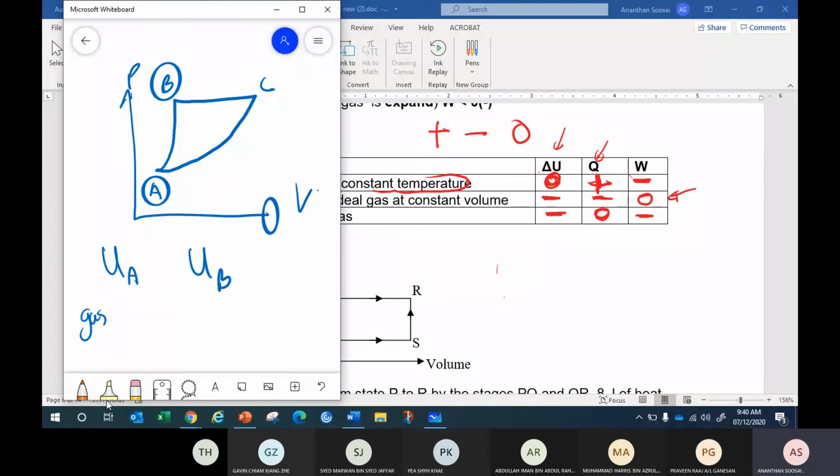Use your gas law. You can use PV equals nRT to work this out. Anyone tell me? Is the internal energy of the gas at A higher or at B higher? The gas moves from A to B. Anyone with a reason?